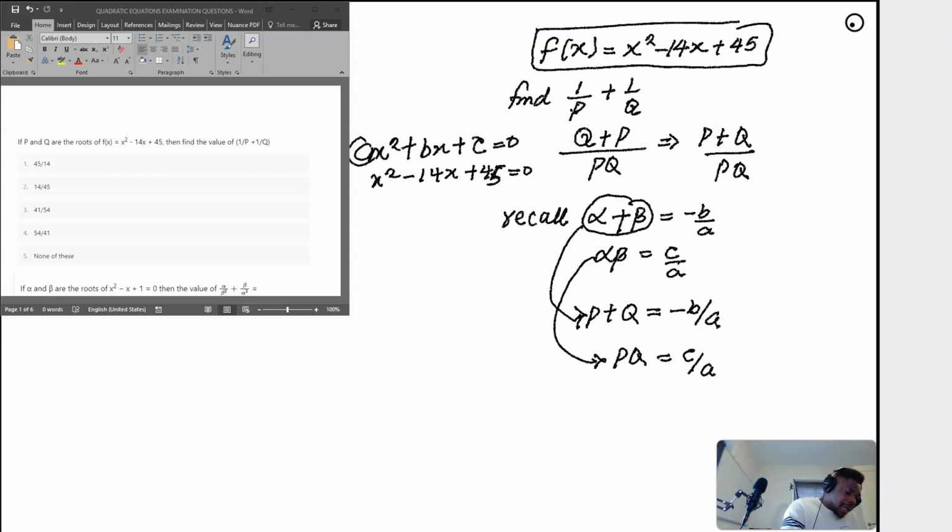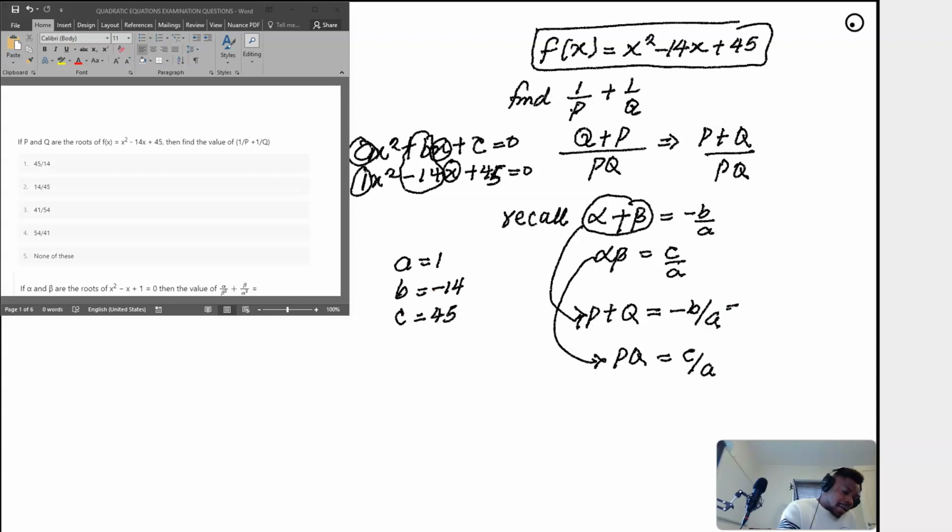So my a here will be 1, b is minus 14, and c is 45. So our a is equal to 1, our b is minus 14, and our c is 45.